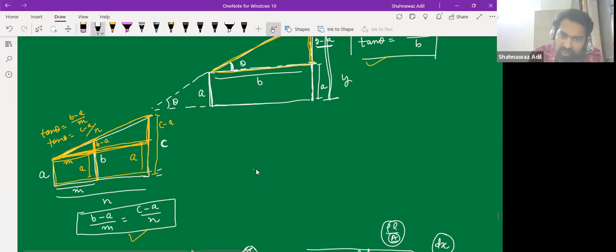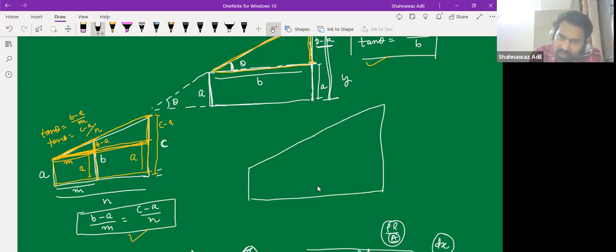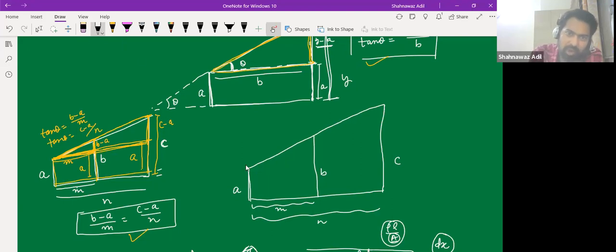We have this kind of structure. Okay, and this one and this one, and we have in the middle this length. So let's say this length is A, this length is B, this length is C. Now this length is M, and this length is N. So first we calculate the slope of this triangle.